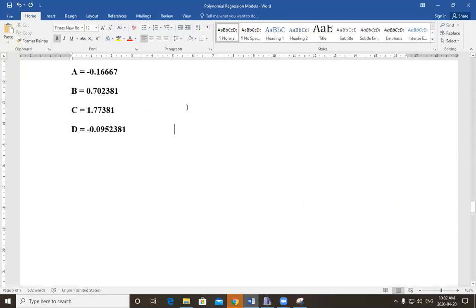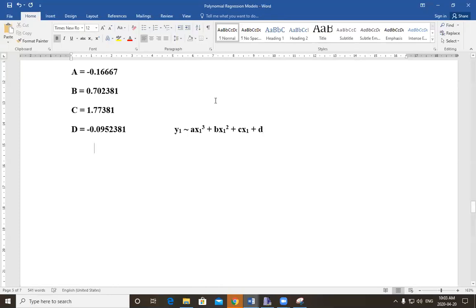And so we want to get our cubic regression. Again, cubic was y1 tilde ax1 cubed plus bx1 squared plus cx1 plus d.